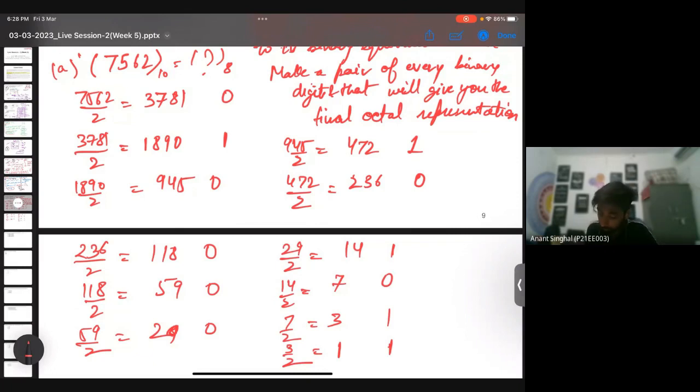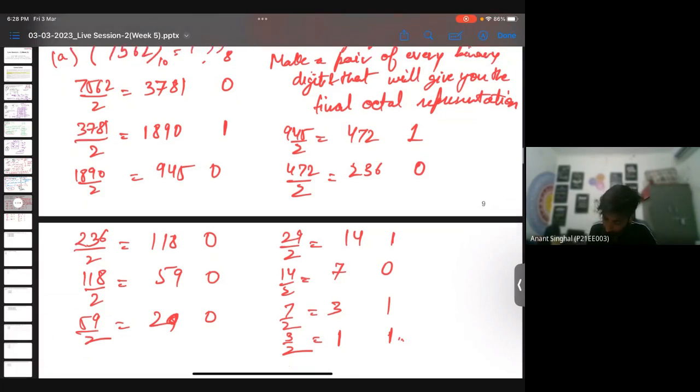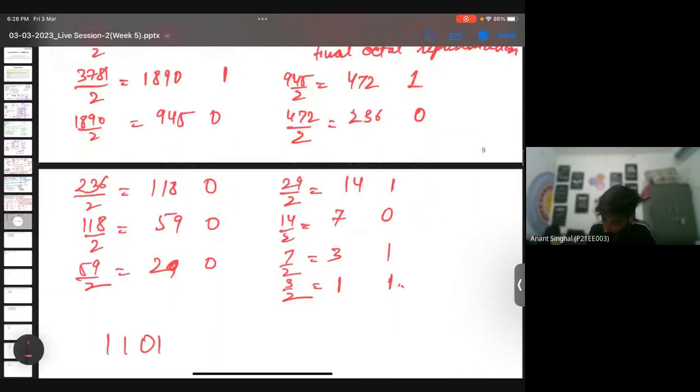So if I write it in the reverse order, I will start from here. It will be 1101. Let me write it: 1101, and then from here it will be 000.